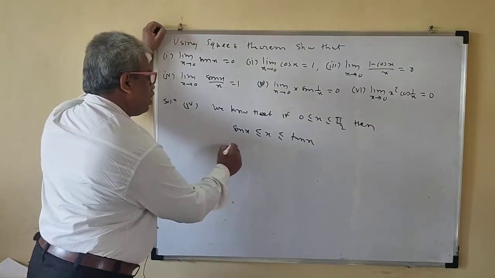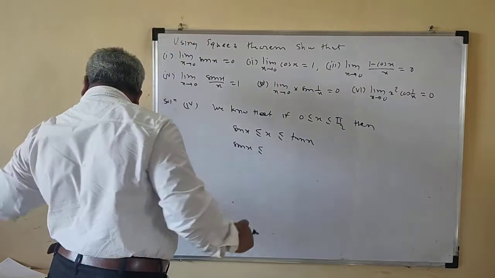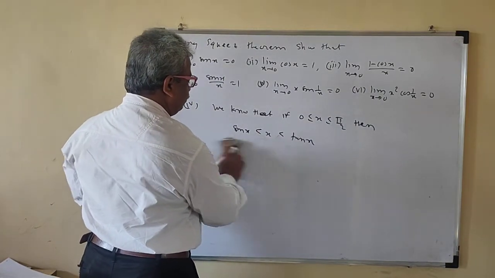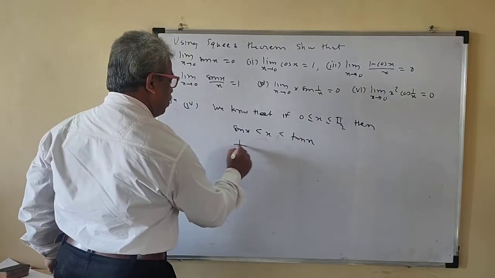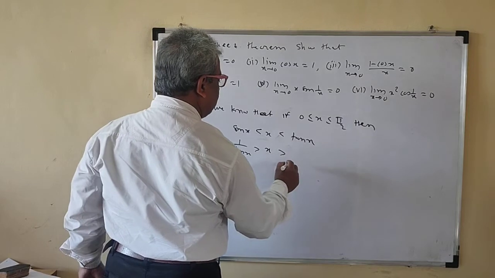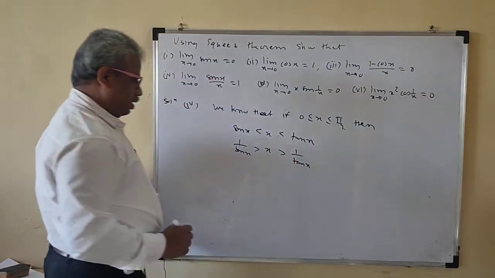Okay, so this is strictly, we can write this as 1 upon sin x is greater than x is greater than 1 upon tan x.